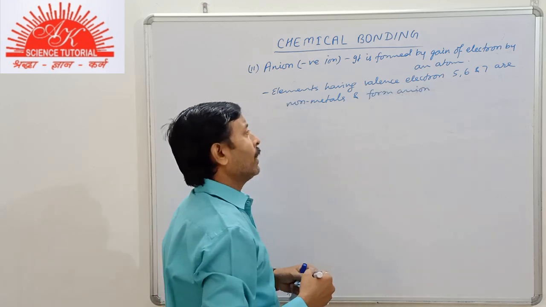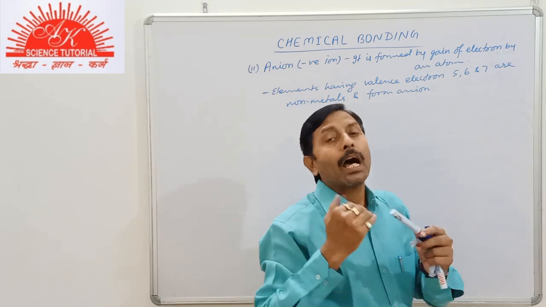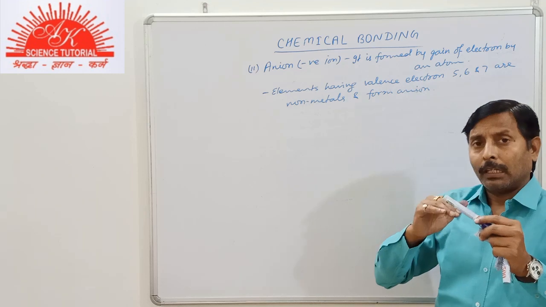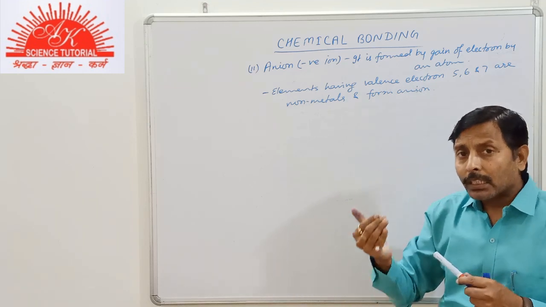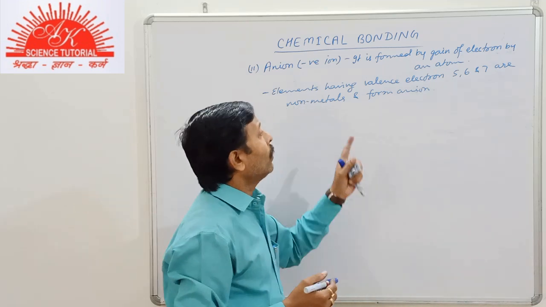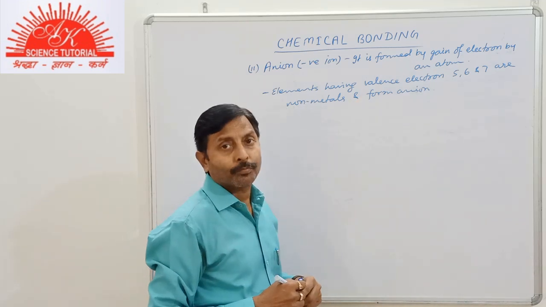Now you can clearly see that 4 was the half of the octet. More than 4 means in order to reach closure, it can easily receive electron. So they will form anion.